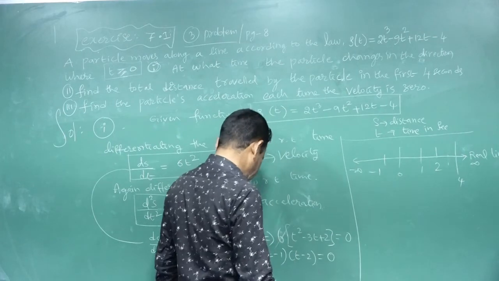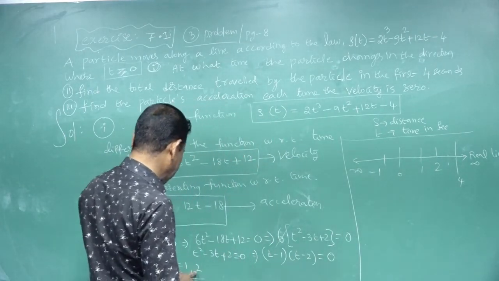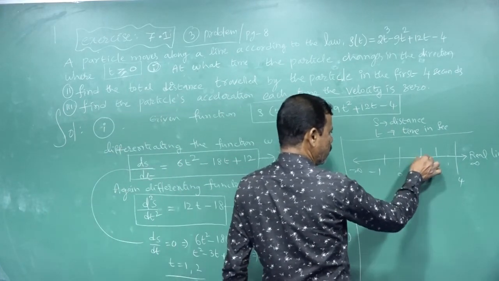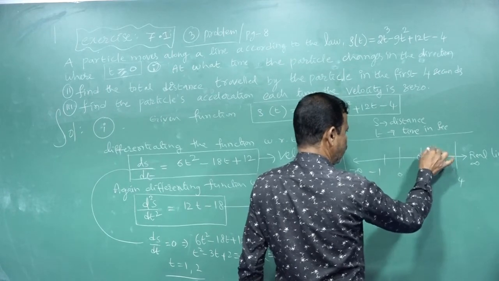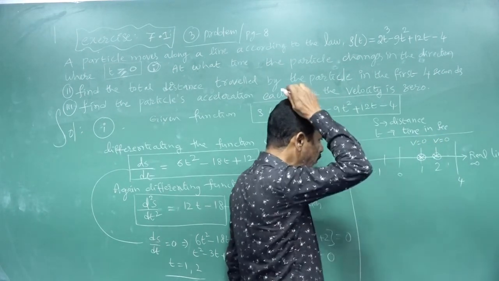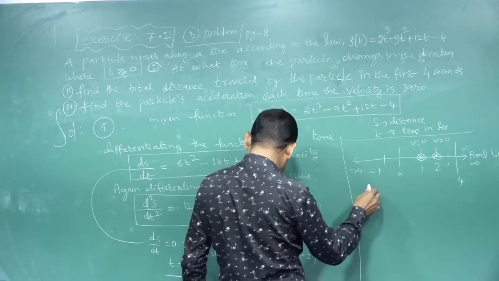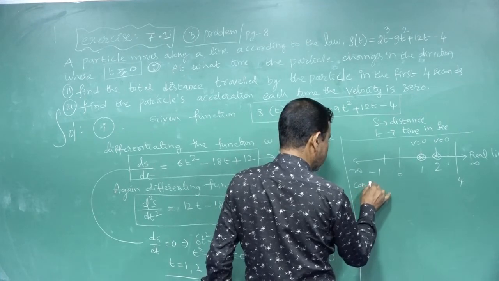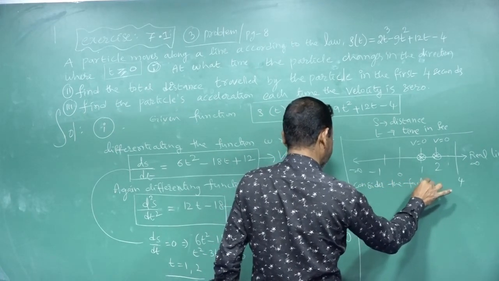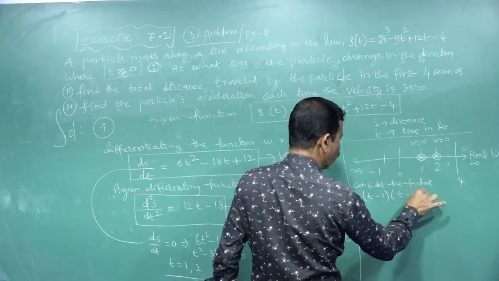So how many intervals here? At 1 and at 2 seconds the velocity is 0. So when does the particle change direction? We consider the factors t minus 1 into t minus 2.